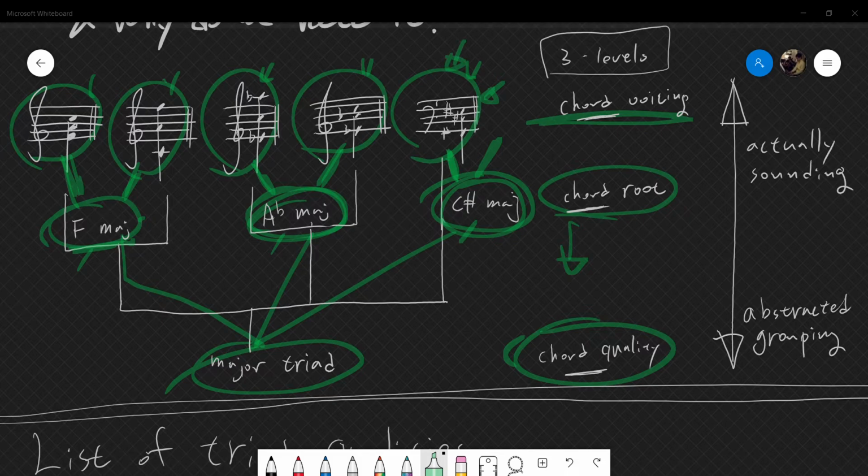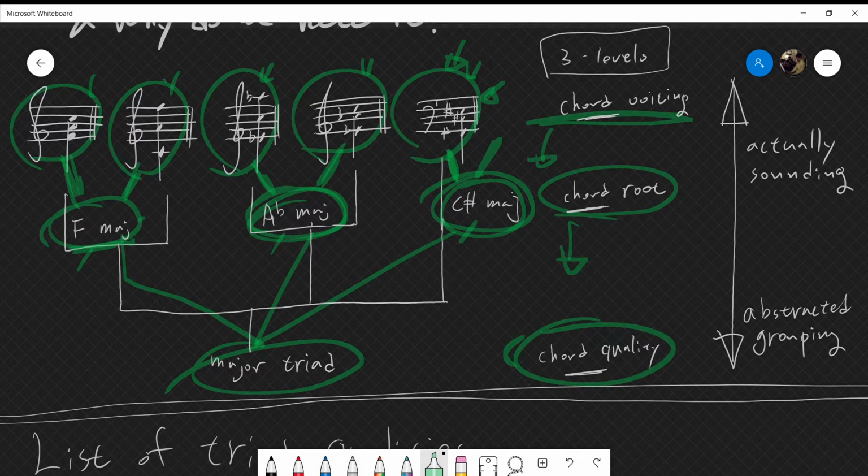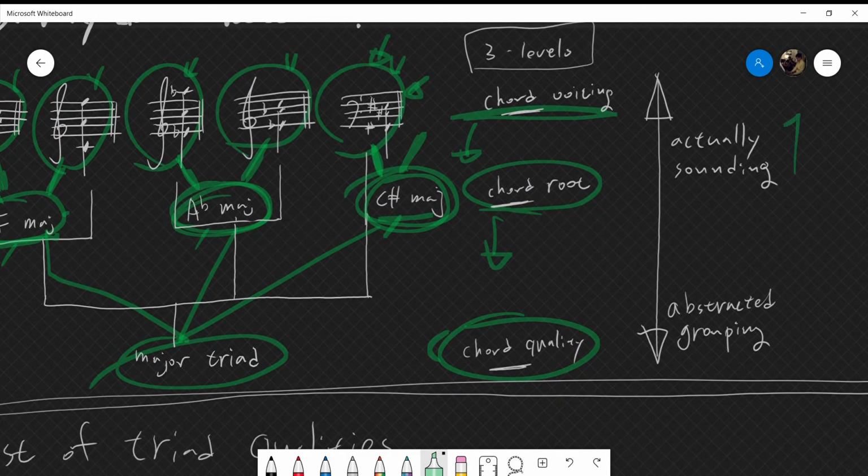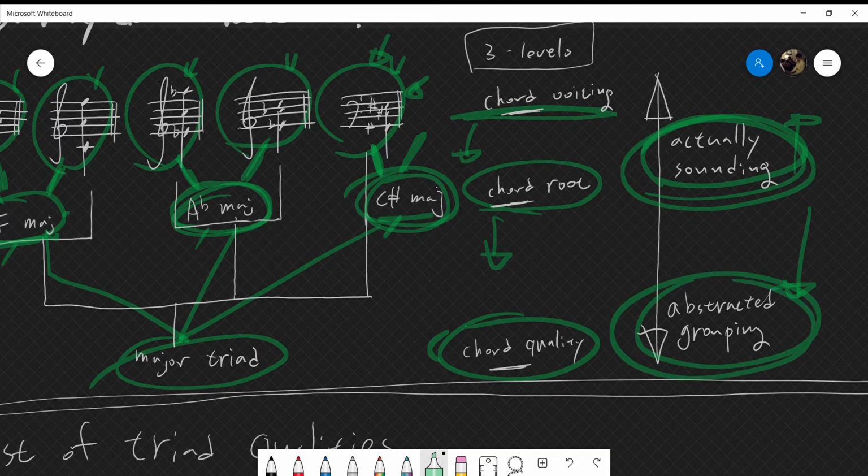And then this voicing, we can abstract further and call this a C sharp major triad, and then we abstract even further and call them a major triad. So there are at least three levels happening here, where towards the top it's closer to actually sounding notes, and towards the bottom is more like abstracted groupings of things.